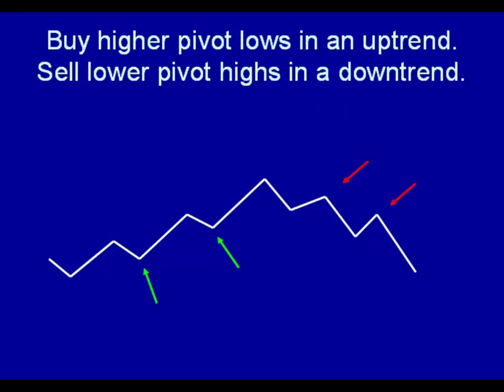Oh, by the way, premiums and discounts. Where do they form? Pivot highs and pivot lows in an uptrend and a downtrend. We actually have a tool that identifies a specific type of pivot that we look for our entries and exits on our setups. So everything is in alignment with these pivots.